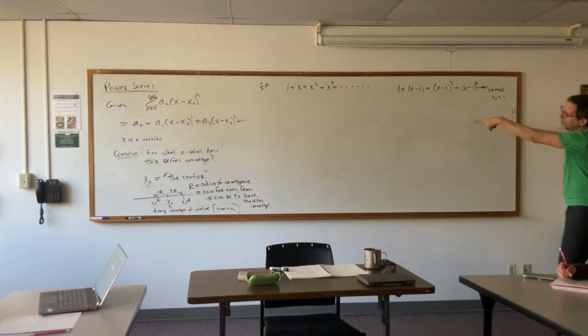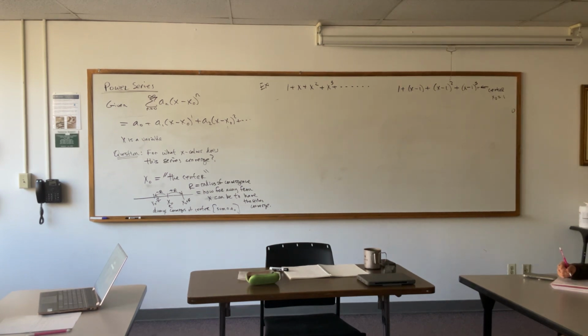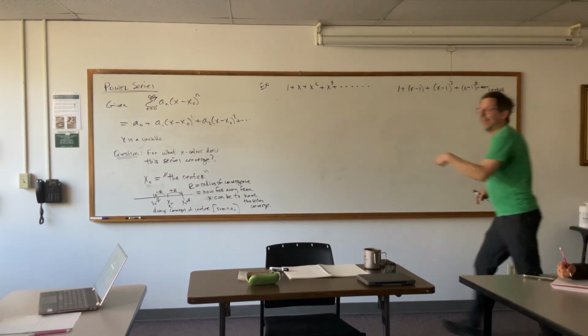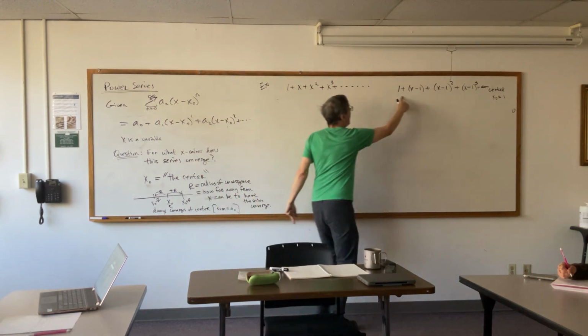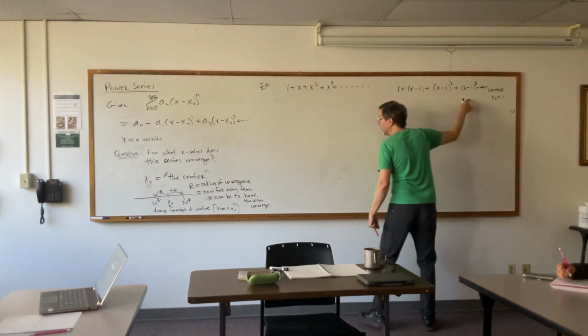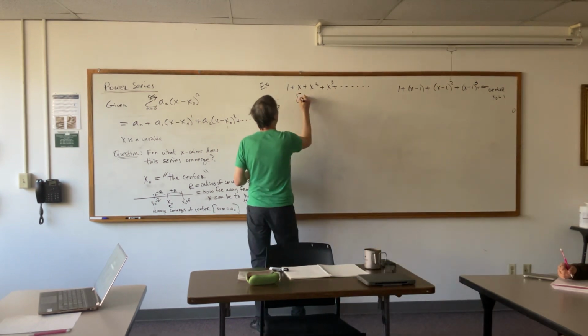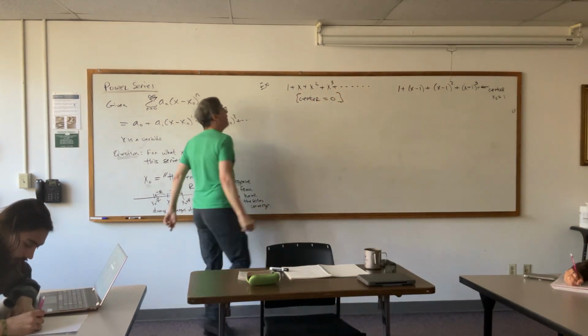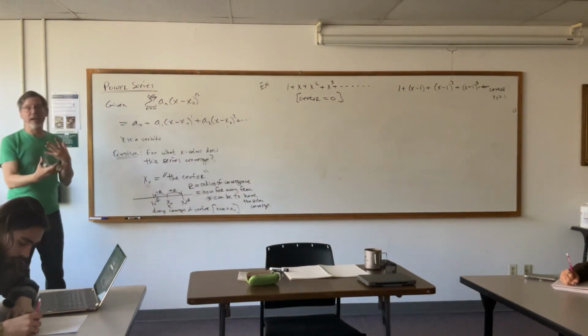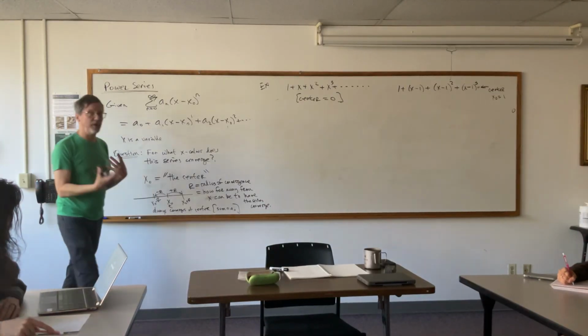What does x naught have to equal to look like that? 0. So here the center is 0. If you just see x by itself and you don't see x plus or minus something in parentheses, the center is 0. So let's just make a little note here. Center equals 0. Anytime it's just plain old powers of x, center is 0.